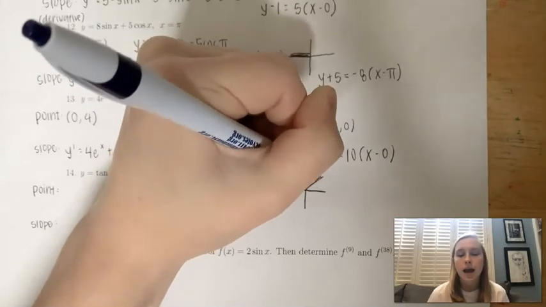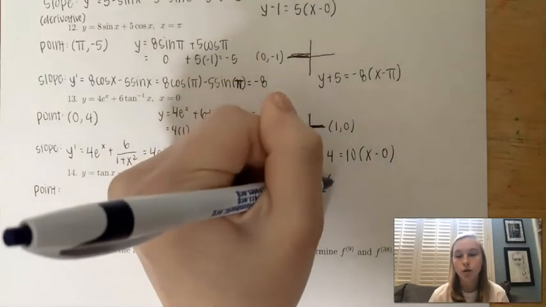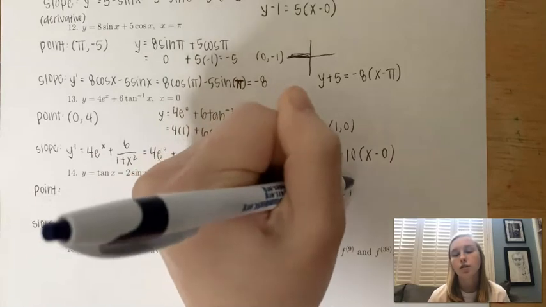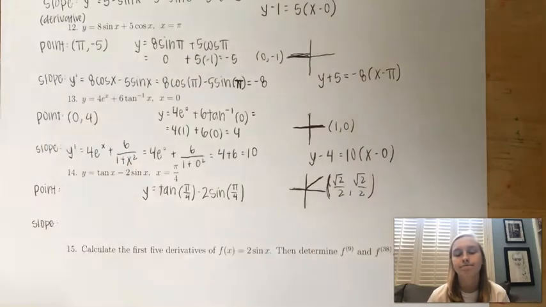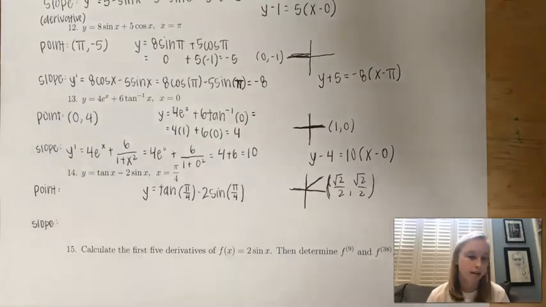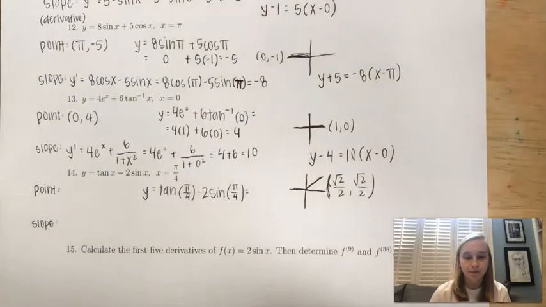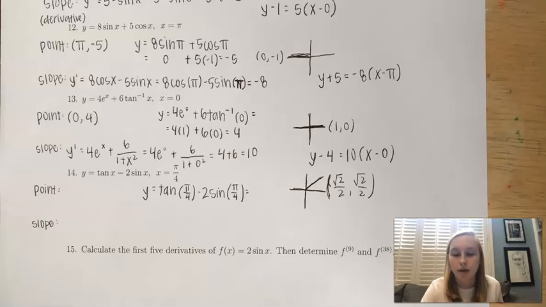And the point you get is root 2 over 2, comma, root 2 over 2. That's just unit circle. That's also something you can memorize. But I'm not going to go into it because that's completely different and doesn't really have to do with derivatives. So you have the x and y value.